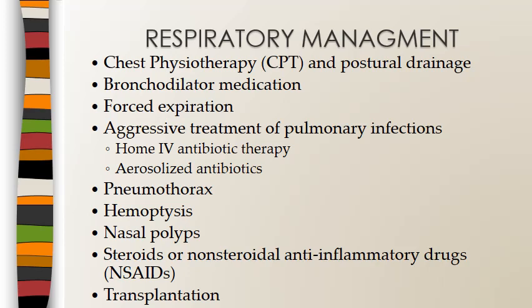These children will have nasal polyps. They will most likely be on and off a steroid treatment or may also receive non-steroidal anti-inflammatory drugs to help them. And then ultimately, there is a possibility of receiving transplantation if their lungs really are failing.